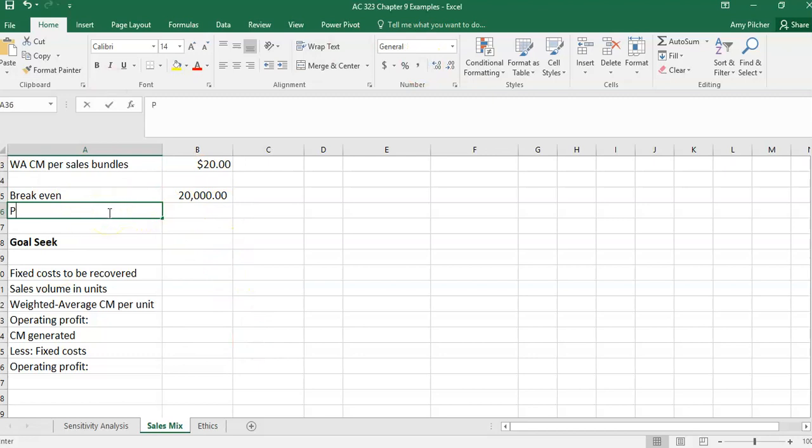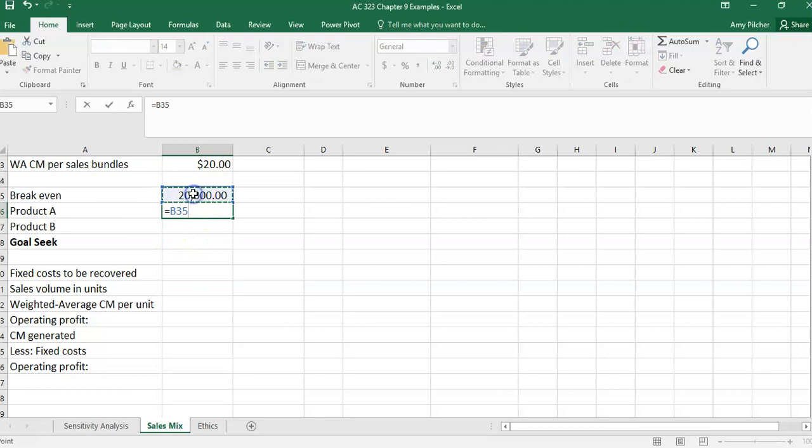We can then determine how many of product A that is and how many of product B. So we know that we have 80% of product A and 20% of product B in our sales mix bundle. So in order to break even, we must sell 16,000 of product A and 4,000 of product B, for a total of 20,000 units of our current sales mix.